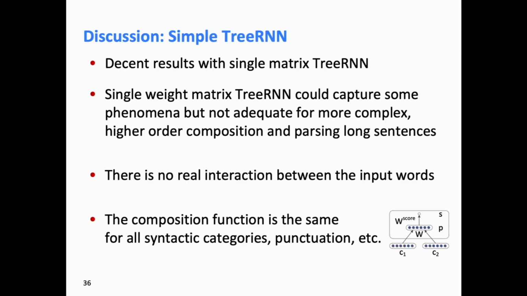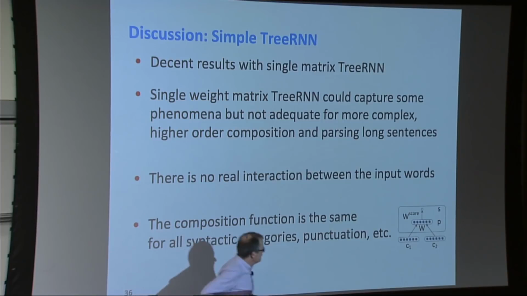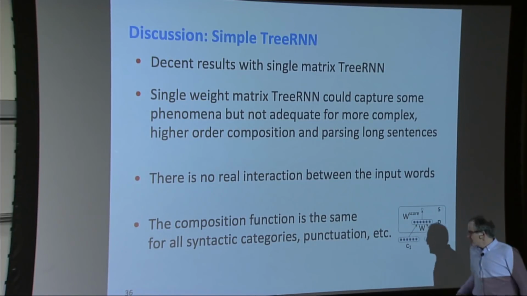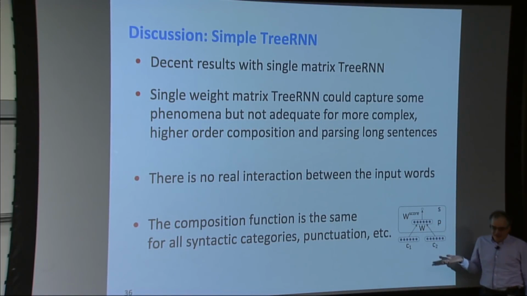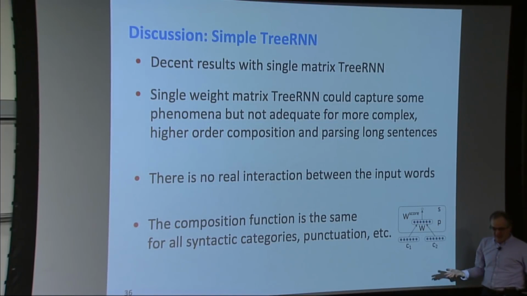For the first version, we just didn't have enough complexity in the neural network, frankly. When we had two constituents, we concatenated them and multiplied that by a weight matrix, and that was essentially all we had.